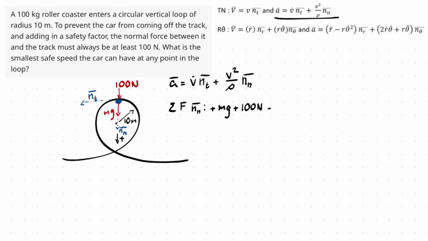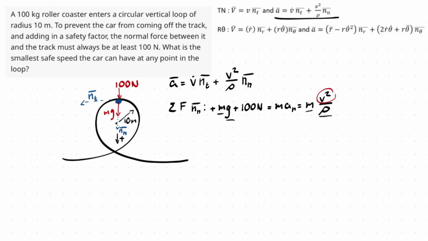And that's going to be equal to our mass times our acceleration in the normal, or just our mass times v squared over rho. All right. And let's see what variables we have. So that's known, that's known, that's known, that's known. The only thing unknown is v, right? So we can actually solve this equation already.